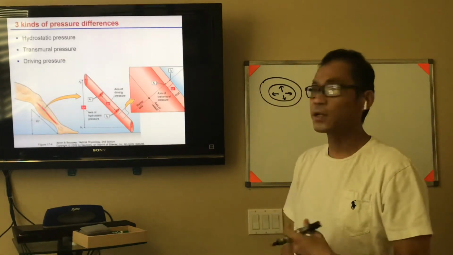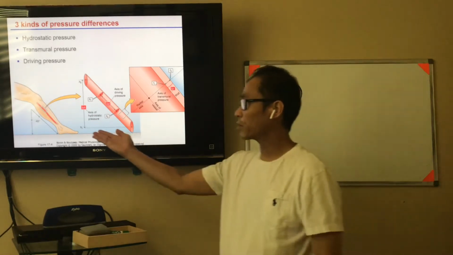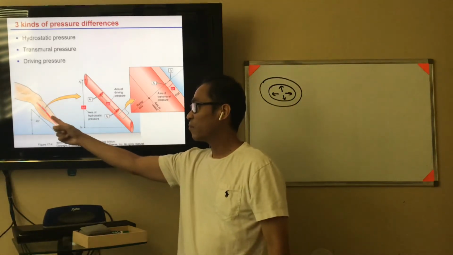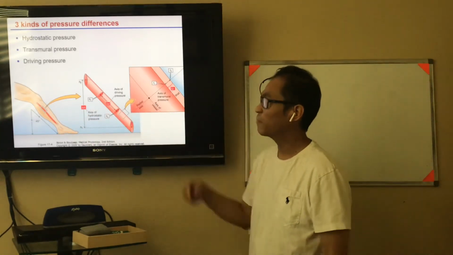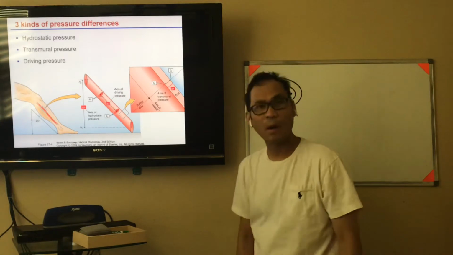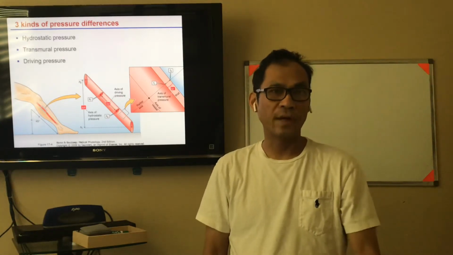And know that there are actually three kinds of pressures we can use to describe this picture here. It's kind of a free body diagram of a blood vessel in the leg at some given angle, and they draw it out there. The thing to understand about blood pressure is that you're talking about a pressure gradient.